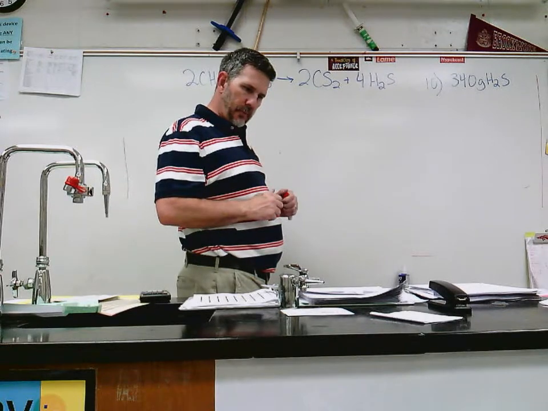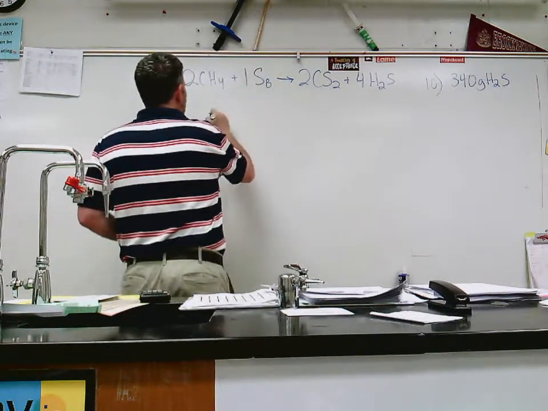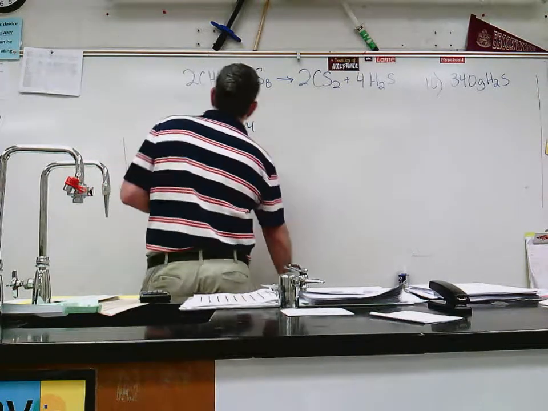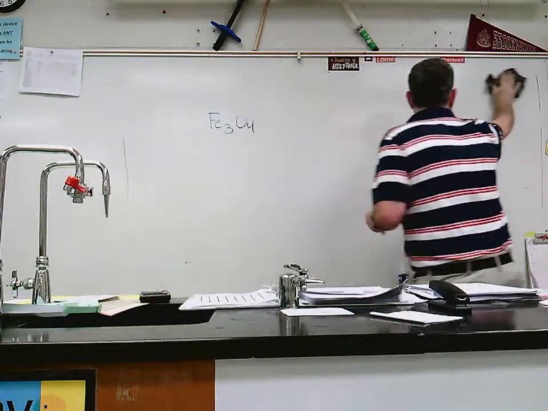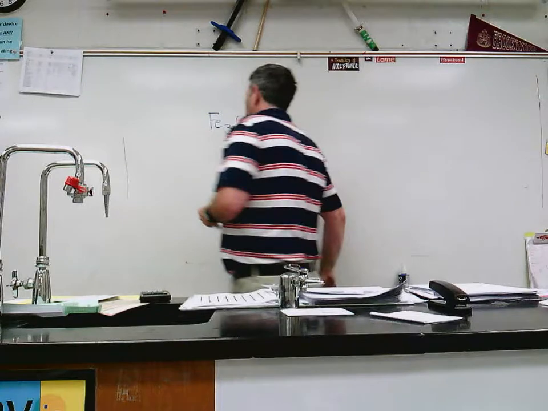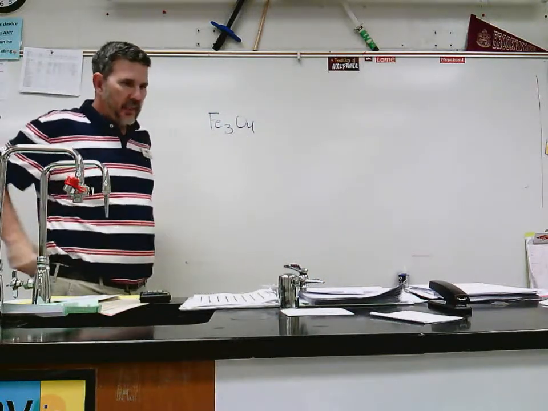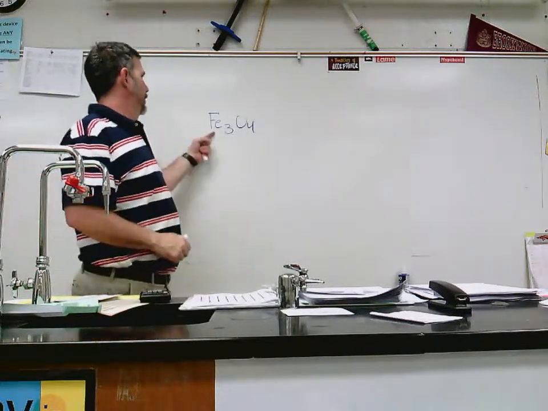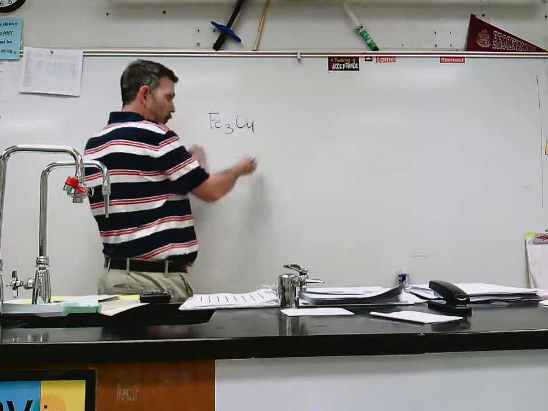Percent composition. We got to find the percent composition of Fe in Fe3O4. So, Fe3O4. Well, the first thing we got to do is find out how much the iron weighs. Then we got to find out what the whole thing weighs. And then we got to divide what the iron weighs by the whole thing's weight and multiply it times 100. Or, in terms you can understand, it's molar mass of the element over molar mass of the compound times 100.